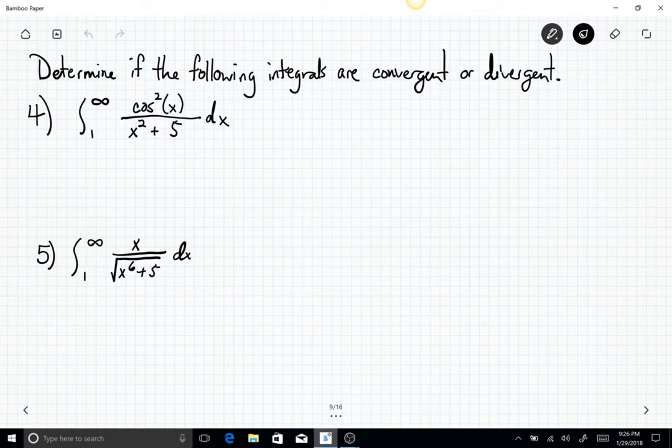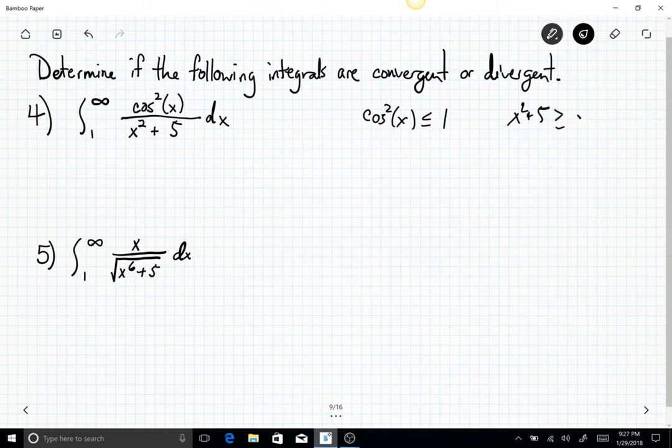So in the first one, though, cosine squared, notice that's always going to be bounded. Since cosine ranges from -1 to 1, cosine squared of x is always less than or equal to 1. In terms of x squared plus 5, we'll go on that side of things. That's going to be our main focal point. X squared plus 5 is greater than or equal to x squared. This probably looks familiar. So 1 over x squared plus 5 is less than or equal to 1 over x squared.